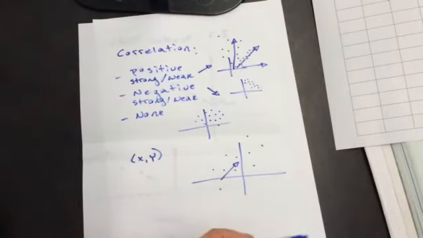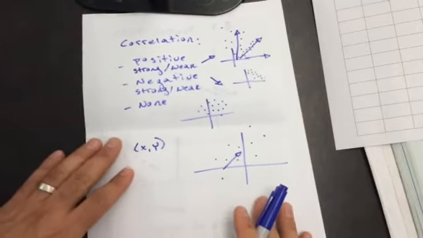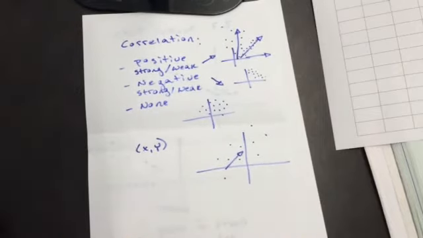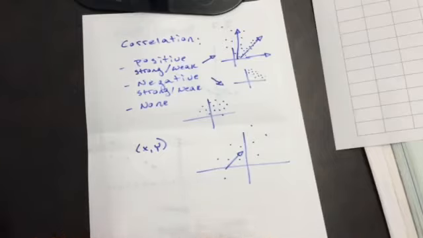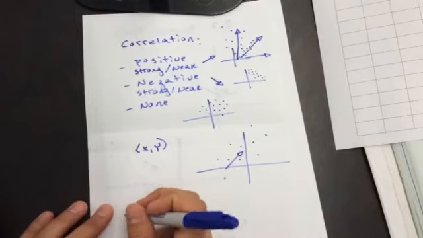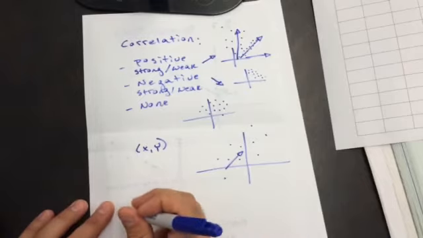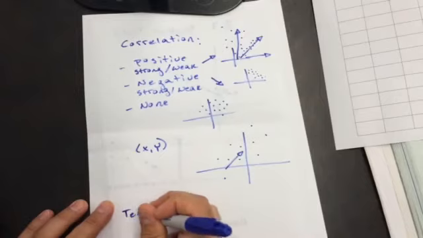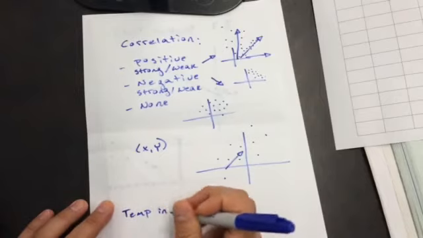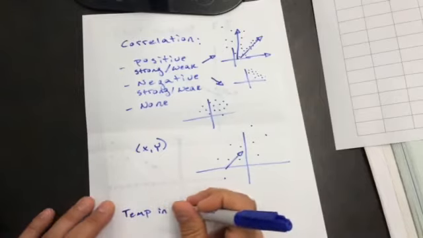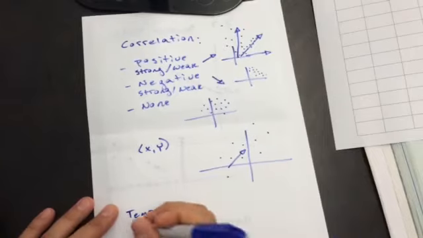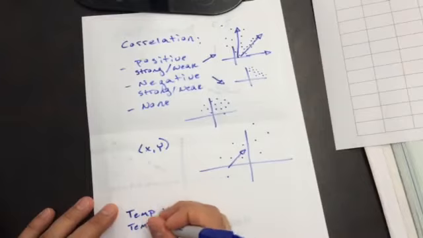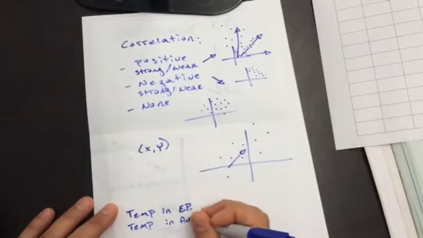Hopefully that makes sense. What I do want you to do is, using the points that I give you right here, just tell me if it has a strong or a weak correlation, okay? So we're going to do the temperature in El Paso and the temperature in Austin.